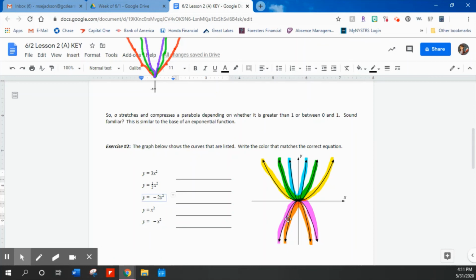So we've got negative x squared and negative 2x squared. Now we know that as that number is increasing, it is getting narrower. So which one is narrower? It is the orange one. So negative 2x squared is orange. That means negative x squared must be pink. All right, pause the video and finish those up.